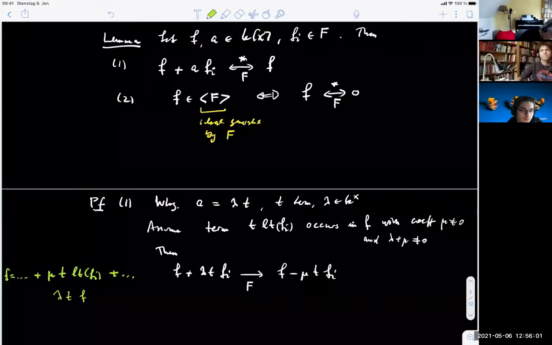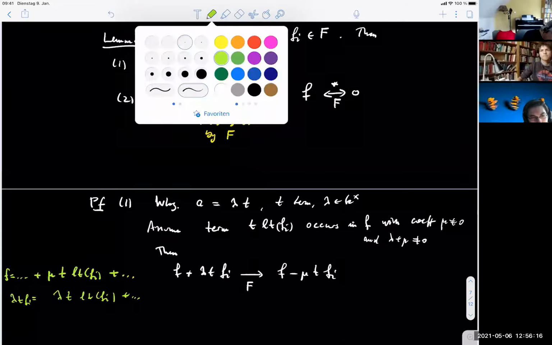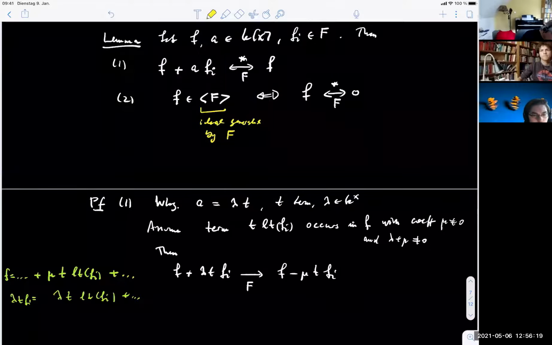The leading term here will be the leading term of fi, plus lambda t fi. If I add them, I just combine them. What I have here is mu plus lambda t times the leading term of fi. So this is what I have for this polynomial.